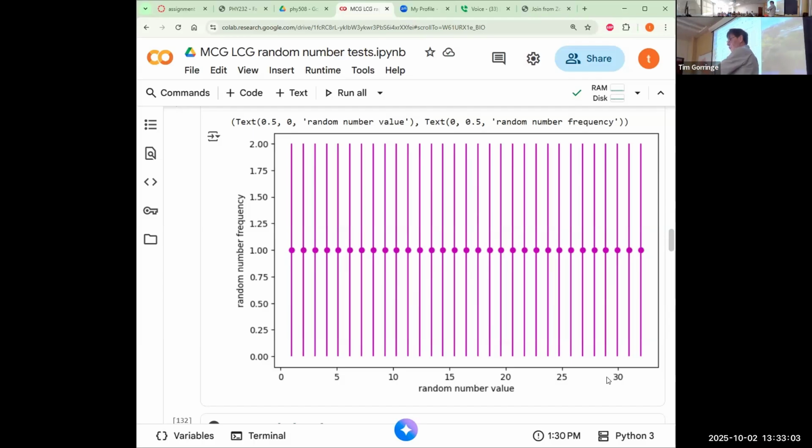So it is a repeating sequence that will repeat every 31 random numbers. So we're getting a full period, but it is only a period of 31 random numbers. So that's why in practice you've got to pick a big modular value. No one will pick a modular value of 11 or 32 because you don't have a sequence of more than 10 or 31 random numbers. You need a big number.